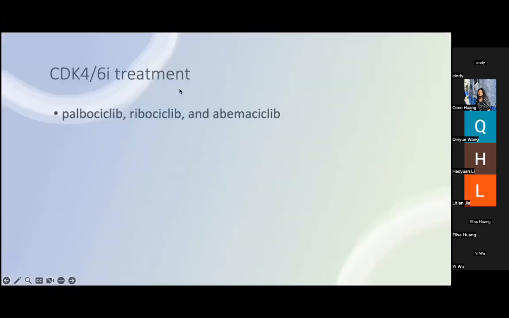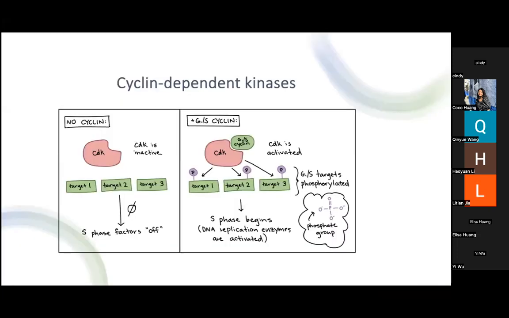The treatment I'm talking about today is an inhibitor. The commercialized drugs on the market so far are Pablo... I'm not going to try to pronounce them. But basically how it works is that CDK, also known as cyclin-dependent kinases, as you can tell from the name, needs to bind to cyclin in order to work.